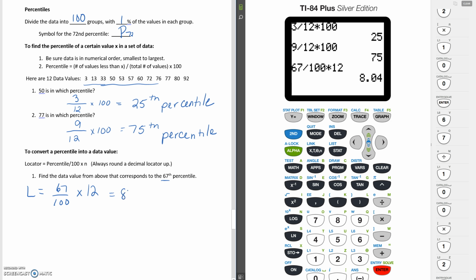Now on these, you're always going to round up. So we're going to round up to 9. So we would go to the 9th data value. So 1, 2, 3, 4, 5, 6, 7, 8, 9. So 76 would be the data value that corresponds to the 67th percentile.